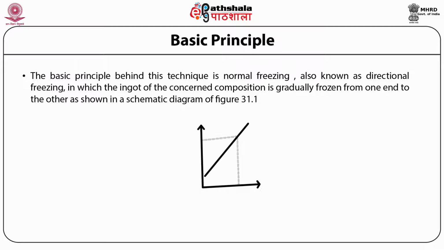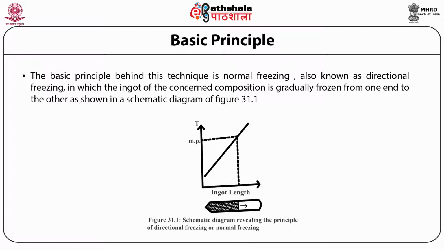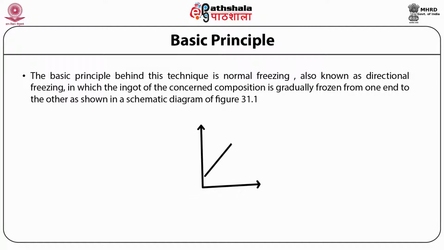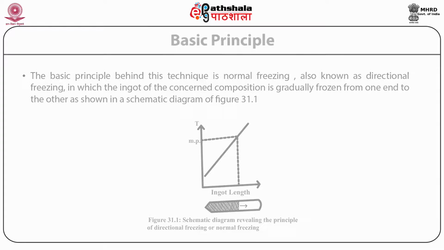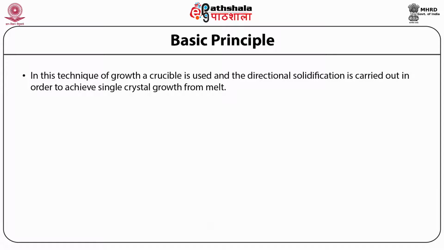Figure 31.1 is a schematic diagram revealing the principle of directional freezing, or what is also called normal freezing. In this technique of growth, a crucible is used and the directional solidification is carried out in order to achieve single crystal growth from the melt.